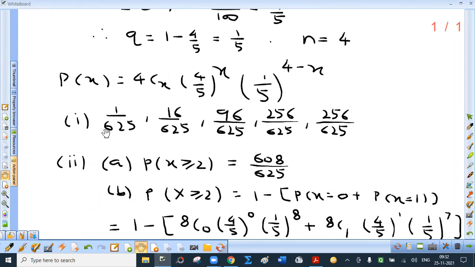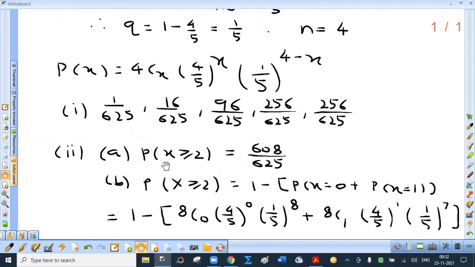Okay. Now, why 5 answers? Because this is P of 0, P of 1, P of 2, P of 3, P of 4. Interesting part is P of 3 is the same as P of 4. Second, first part, when number of students or people questioned remains at 4 and what is asked?